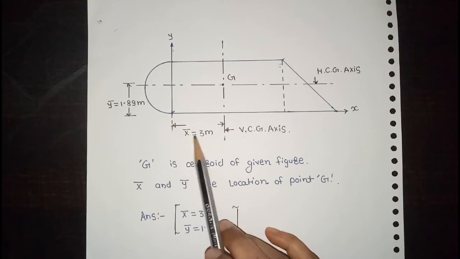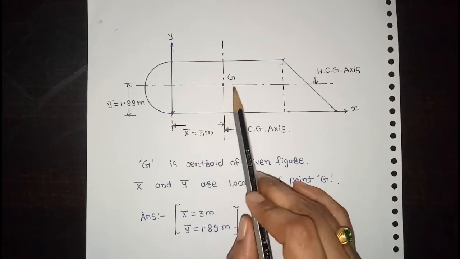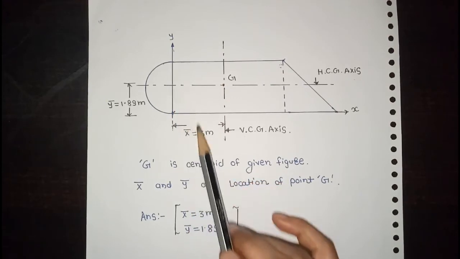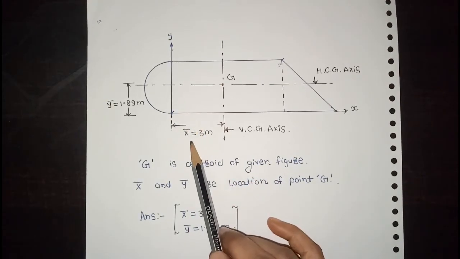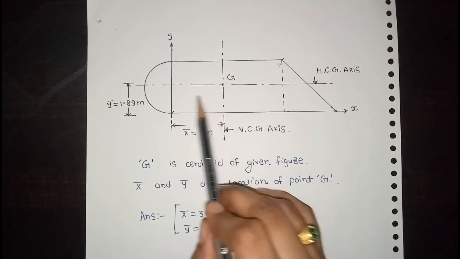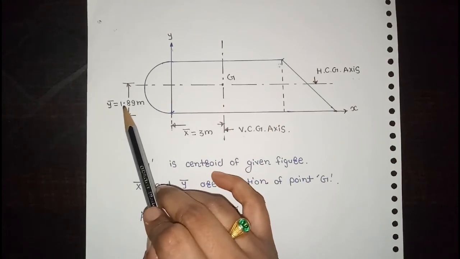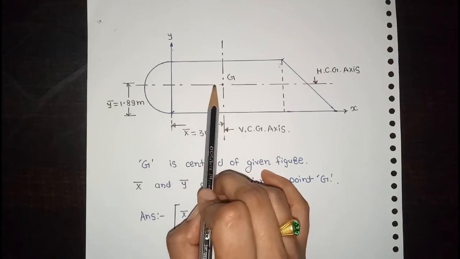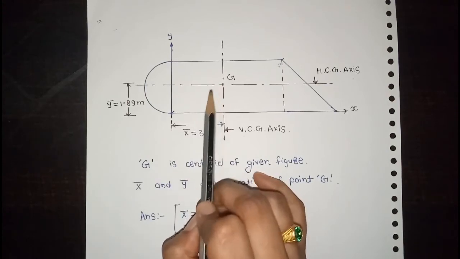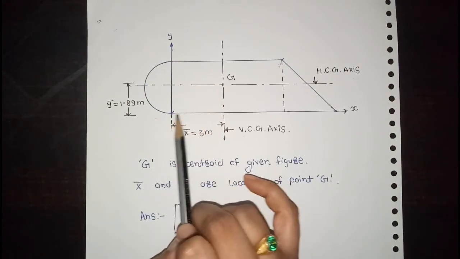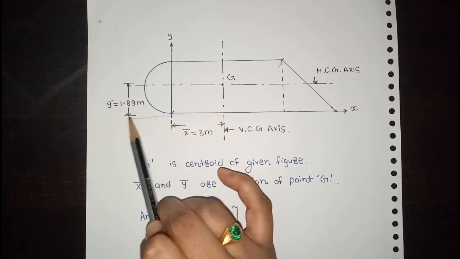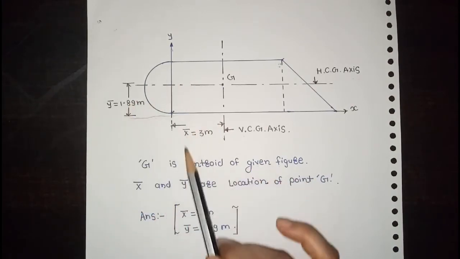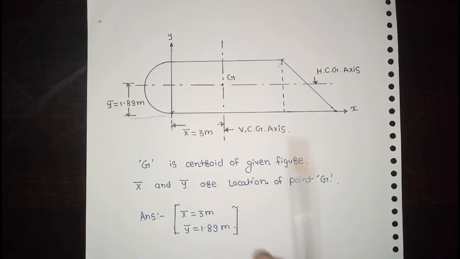X bar is equal to, what is meant by x bar? The distance between point G and the base of the y-axis. X bar is equal to 3 meter. Y bar means the distance between point G and the base of the x-axis, and y bar is equal to 1.89 meter.